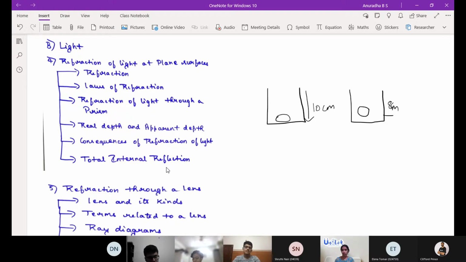But when I look at it, the object appears to be somewhere here, suppose around 8 centimeters. So this is called apparent depth and the actual depth is called real depth. You will be learning about this also.